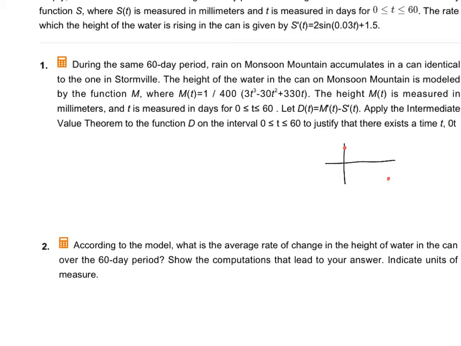If it's a continuous function, somewhere it has to get to the next point, so it has to cross the x-axis somewhere in the interval. Maybe it crosses sooner, but somewhere on the interval to get from the top point to the bottom point, or the other way around, it has to cross the x-axis. So we just have to show that the function's positive at some point and negative at some point on the interval.